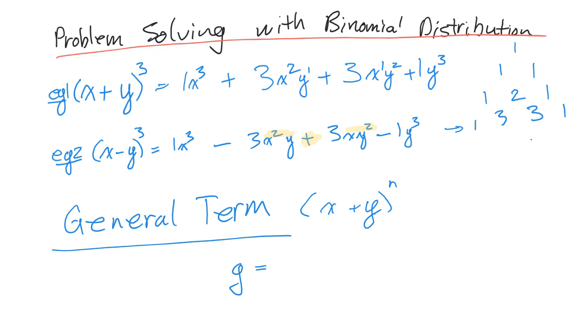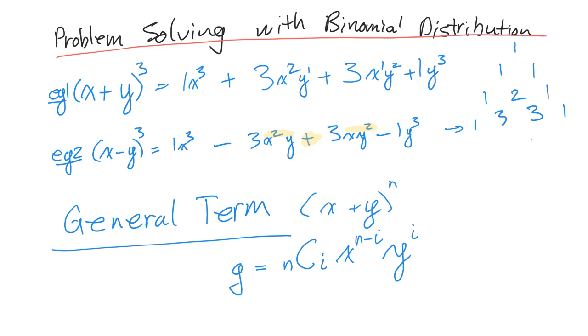It's basically given by n choose i, x to the n minus i times y to the i. And we use that when we are calculating individual terms that we are looking for.